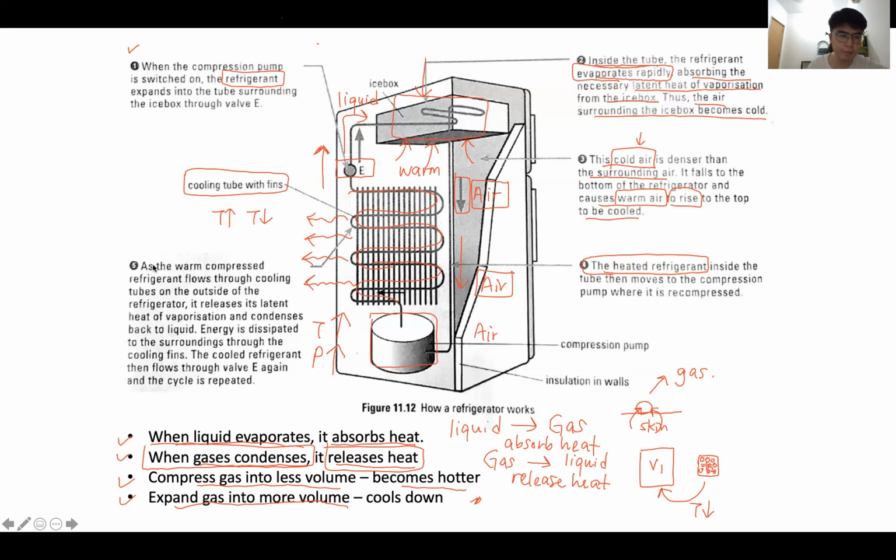Point number 5. As the warm compressed refrigerant flows through the cooling tubes on the outside of the refrigerator, it releases heat and then condenses back to liquid. Energy is dissipated to the surrounding through the cooling fins. The cool refrigerant then flows through valve E again, and the cycle is repeated.